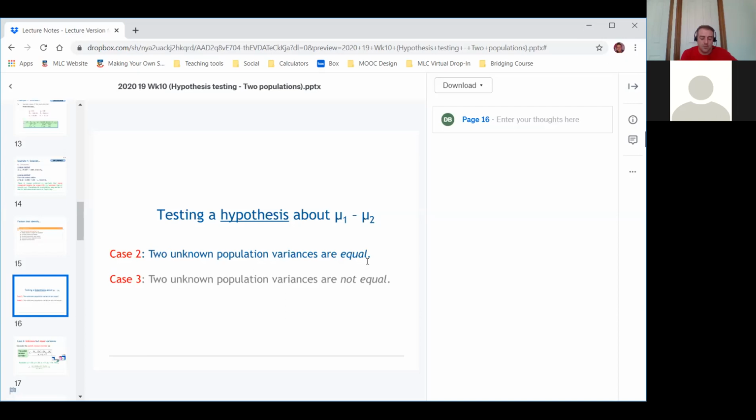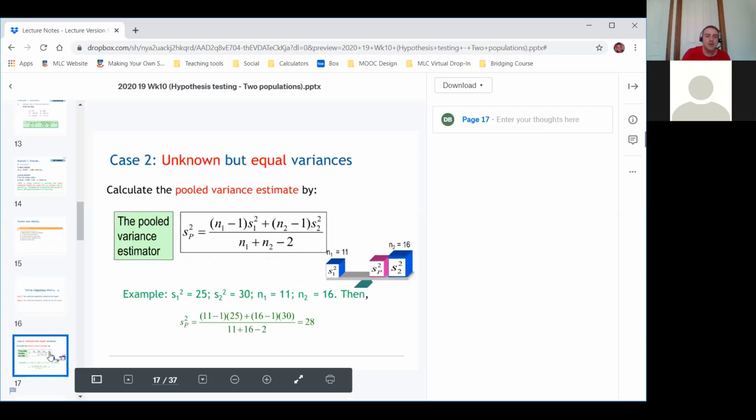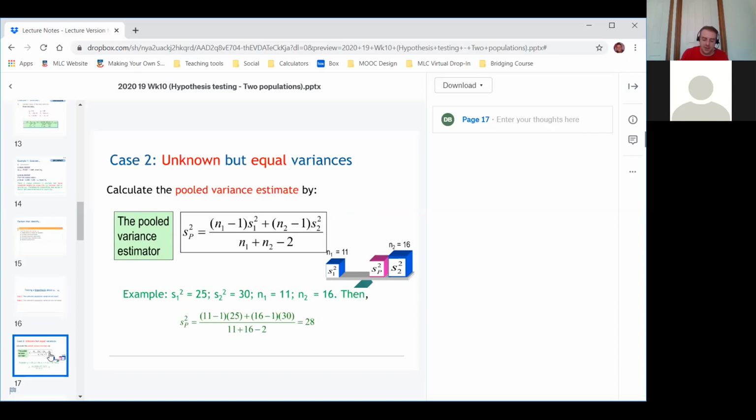And then we have a second one where they're unknown but equal. Okay, and in that situation, first we figure out SP, which is N1 minus 1 times S1 squared plus N2 minus 1 times S2 squared over N1 plus N2 minus 2. Okay, sure.